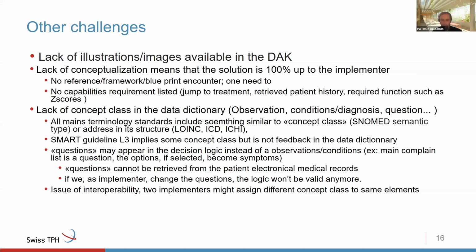There are other things that are a bit more subtle, I would say. They have a little lack of conceptualization of the content. For instance, I will use another DAK that I checked recently, the immunization DAK. They will tell you to assess if the child needs immunization, and you will have a decision logic to do that. The thing is, when do you do that?